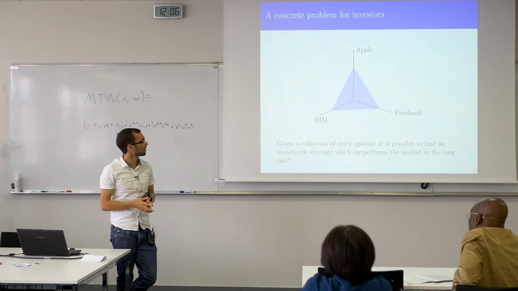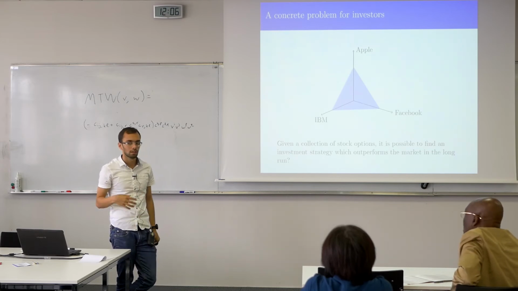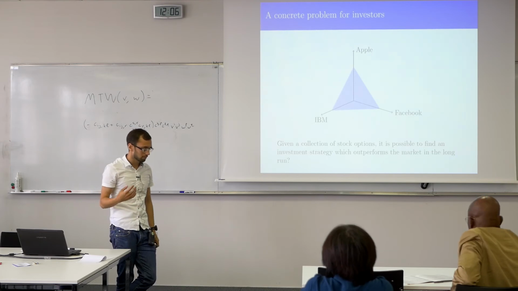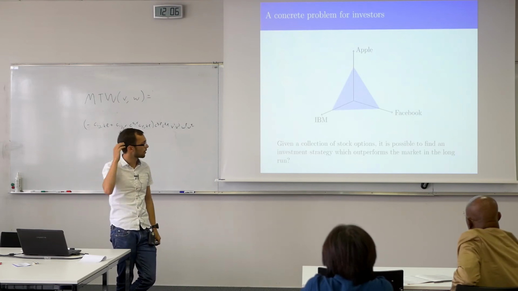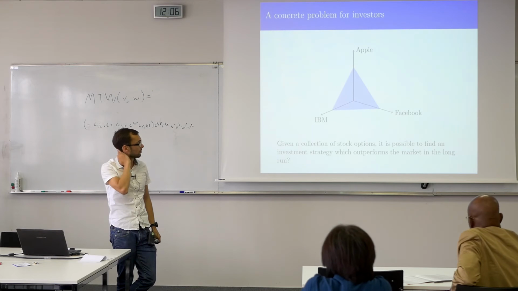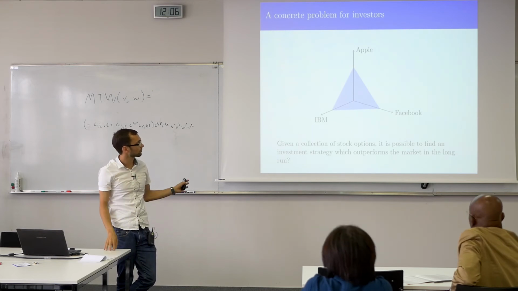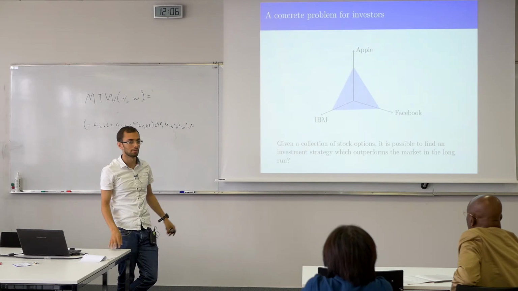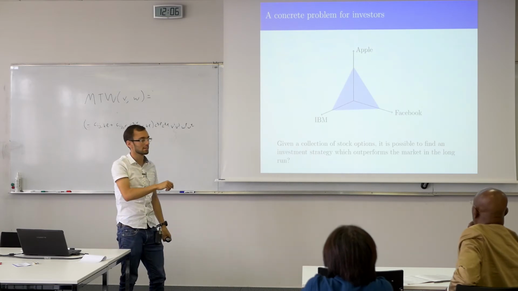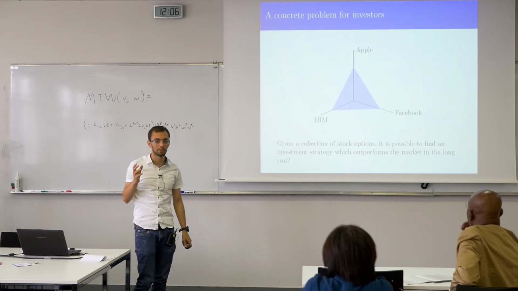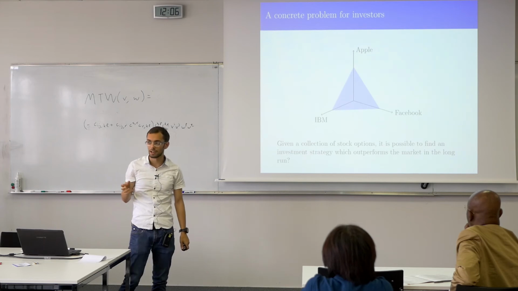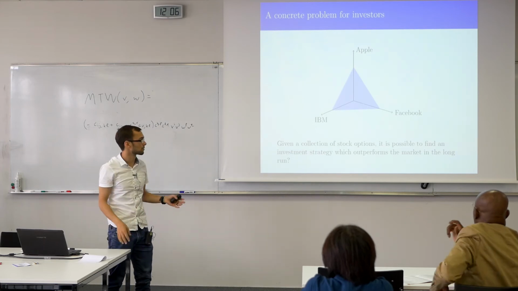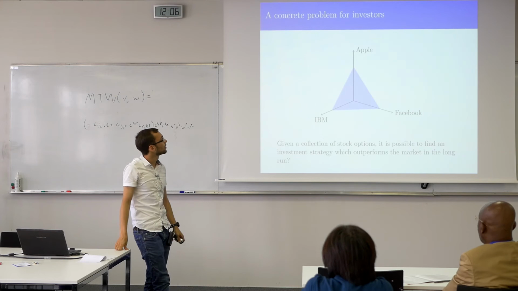Okay, so this is all well and good, but what can we do with this? The first application, inspired by work of Pal and Wong, is to consider some stock options. We have various stocks that we can buy, and we want to find a strategy of buying stocks which outperforms the market in the long run.